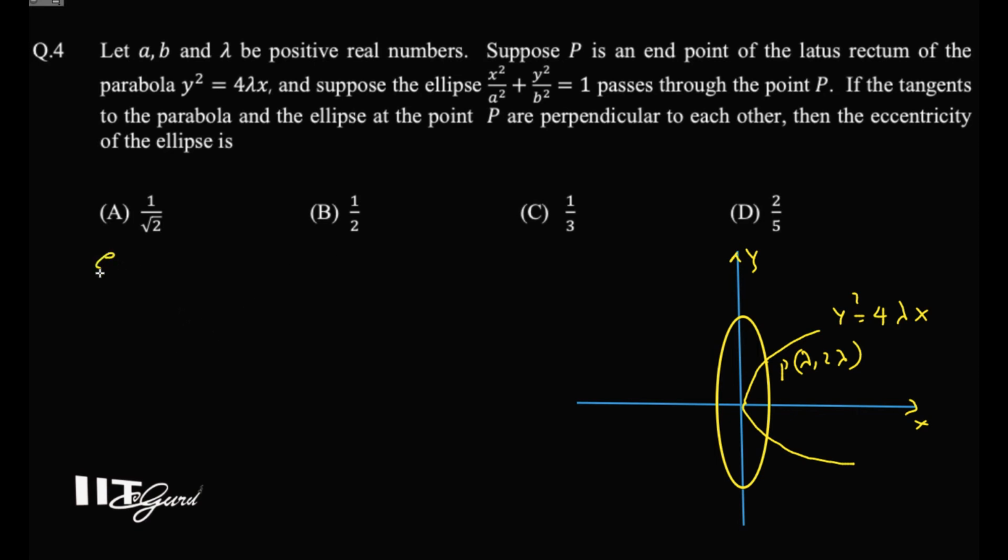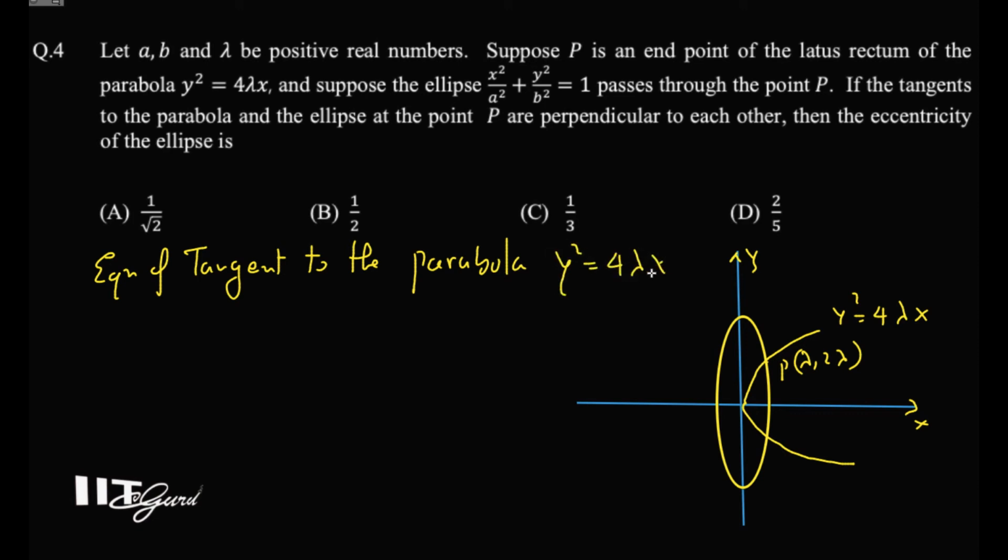So write the equation of tangent to the parabola y square equal to 4 lambda x, that is y into 2 lambda equals 2 lambda under bracket x plus lambda, and hence the equation of tangent will become x minus y plus lambda equal to 0.